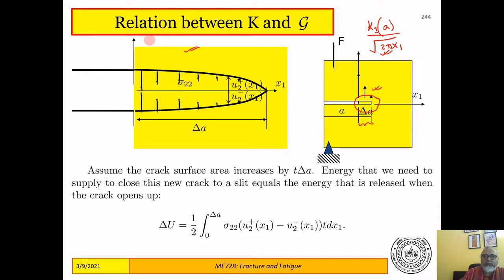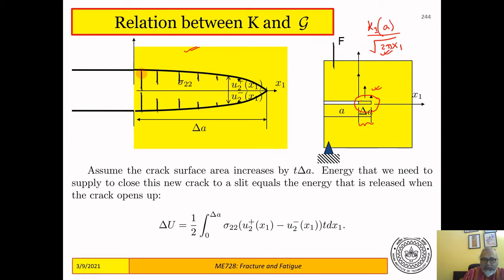In order to close it back, we have to apply whatever tractions were there on the upper surface in the reverse direction. So the tractions were high at the tip of the main crack, and lower as we go further away from the tip, and decreased as 1 by square root x1.